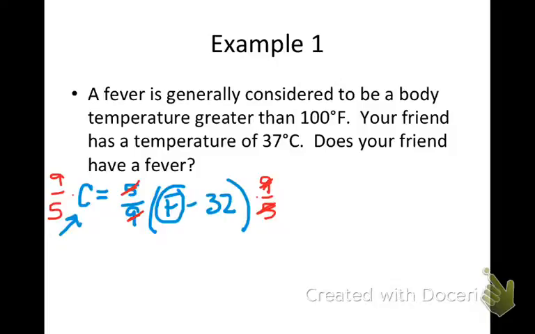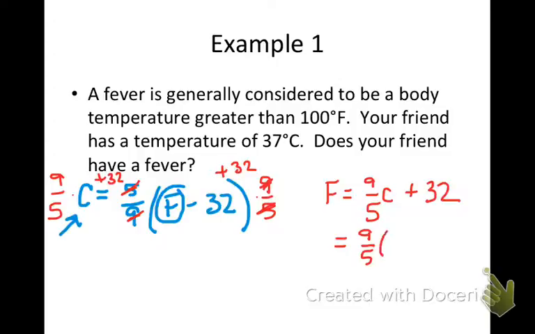The last thing I want to do is add 32 to both sides, so that when I rewrite the equation, the degrees Fahrenheit is equal to 9/5 of the degrees Celsius plus 32. Now I can solve this.